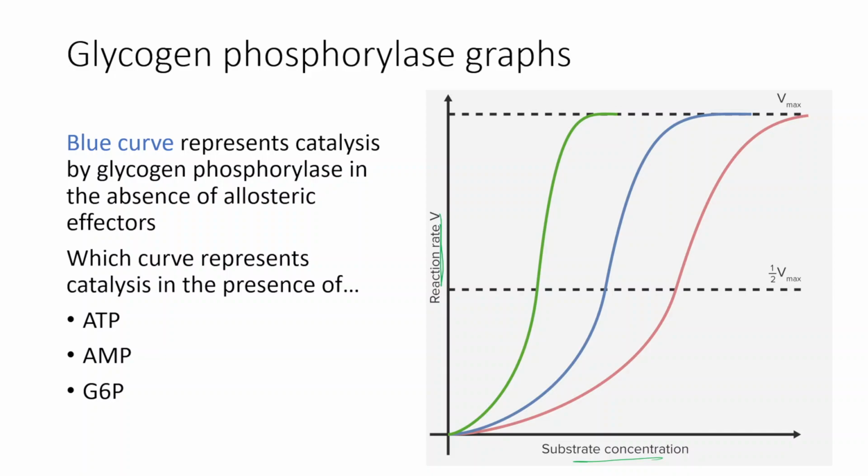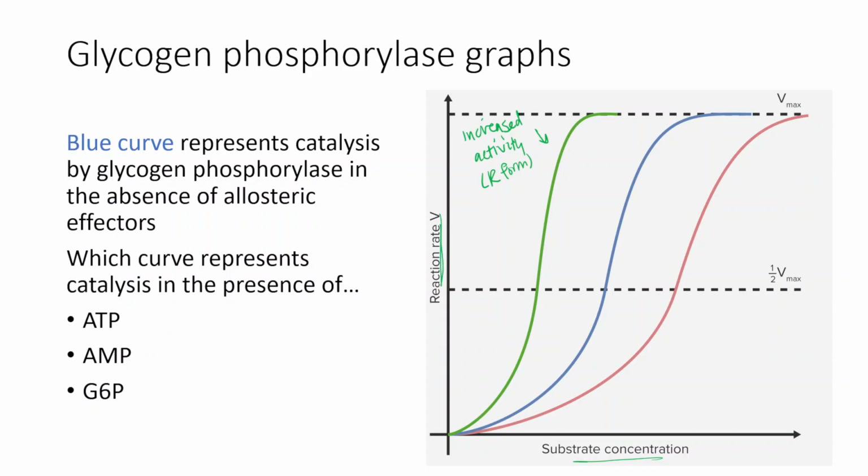Okay, so let's just think about the curve. What is our green curve representing? Increased activity or decreased activity? Yeah, so our green curve is increased activity. So we are more in the R form.